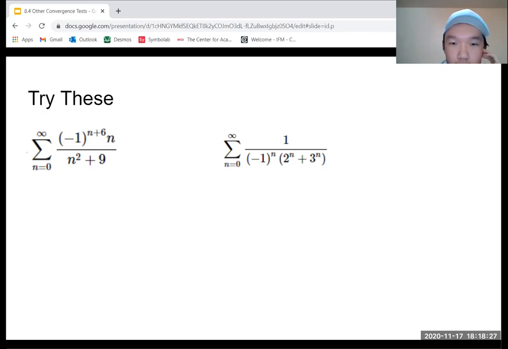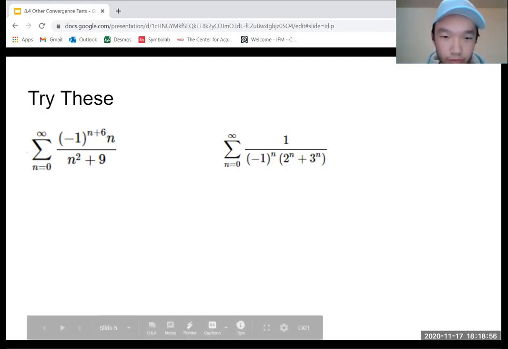Negative power? Where's the negative power? Second problem. 2 to the negative n. Oh, it's negative 1 to the negative n. Oh, I see. Yeah, there's a way of dealing with that. We'll go over that. All right, let's go over it now.